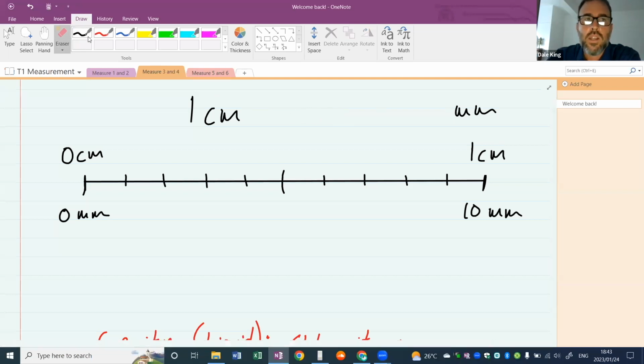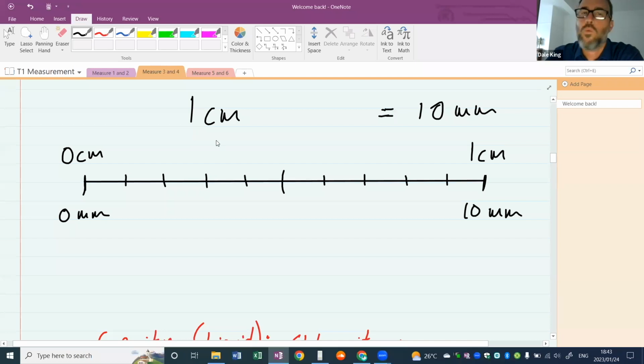Now you have to agree that a centimeter is a bigger unit of length than a millimeter, which is small. So we are going from a bigger unit of length to a smaller unit of length. And you all know that in 1 centimeter, there are 10 millimeters.